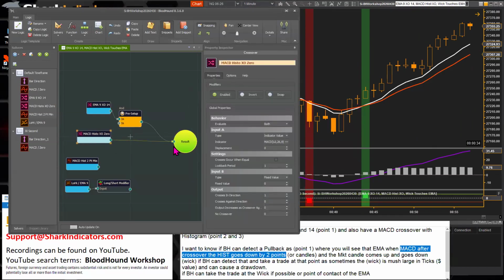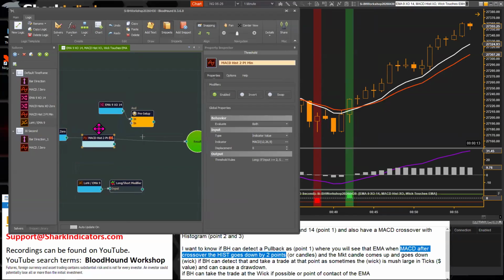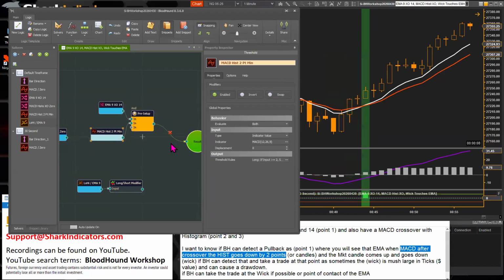So if we look at the MACD histogram, there we go, the crossover happened on this bar, and it actually looks like there is no histogram, but it is barely above 0. But we can see the EMA crossed over 2 bars later. So let's just take that out, and let's plug this guy in here, like so.